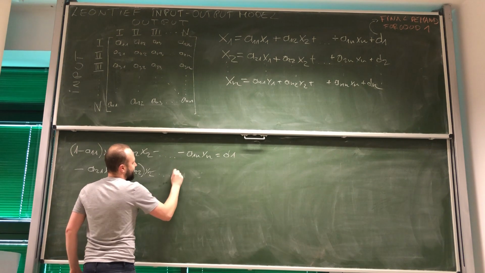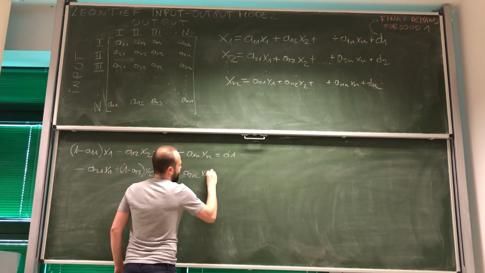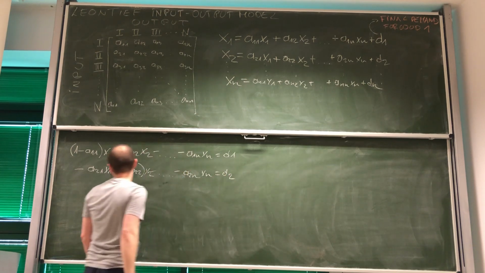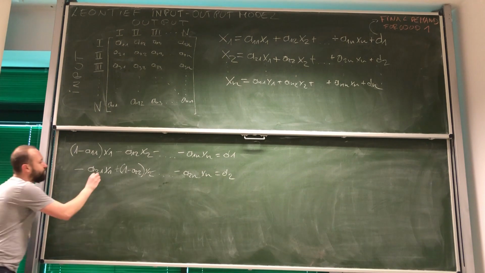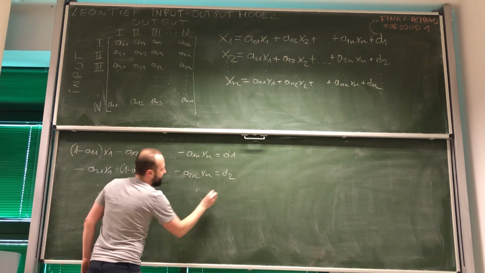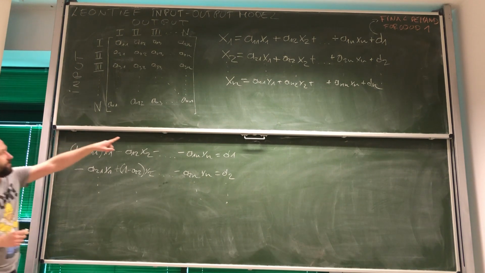And we go on like this until we get negative a2n xn equals d2. We repeat this many times until we arrive at the last equation, where we do exactly the same thing.